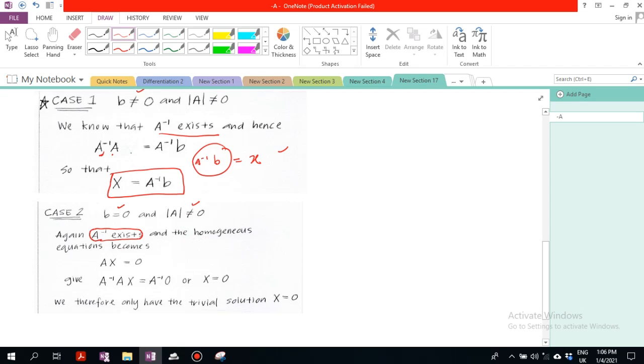The homogeneous equation becomes A times x equal to 0, so A inverse times A x equals A inverse times 0, meaning x is 0. The value will always be 0 due to b being 0 and the inverse existing.